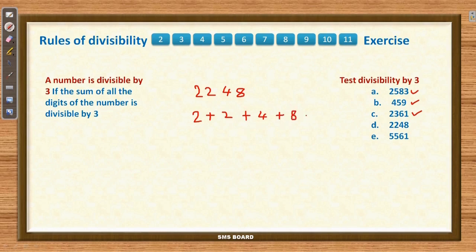Here the total sum of all the digits: 2 plus 2, 4 plus 4, 8 plus 8, 16. 16 is not divisible by 3 exactly. So 16 is not divisible by 3. So this problem is not divisible by 3. So we can check like this.